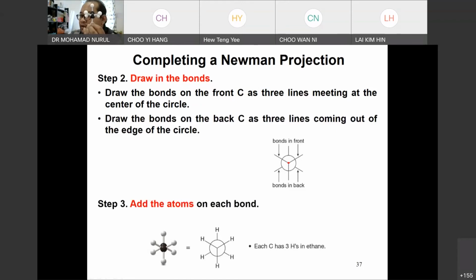So add the atom on each bond. For example, this one is ethyl. Okay, they have 2 carbons here, so you can easily put all. This one is hydrogens. If they have a branch, okay, I remove this one, I put this one.